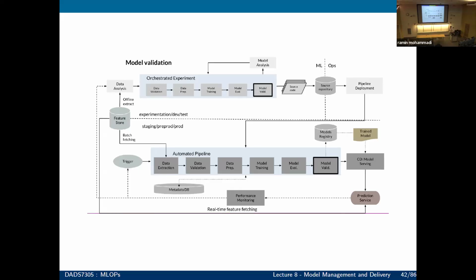So the automation pipeline is for automatically retraining. That's correct. What you see here is that the prediction server is connected to performance monitoring at the bottom. Performance monitoring connects to something called a trigger, and the trigger connects back to the automation pipeline. We will break down performance monitoring as we go through these upcoming classes.